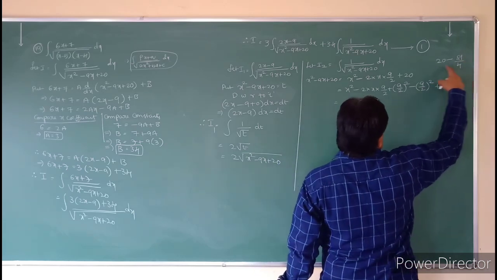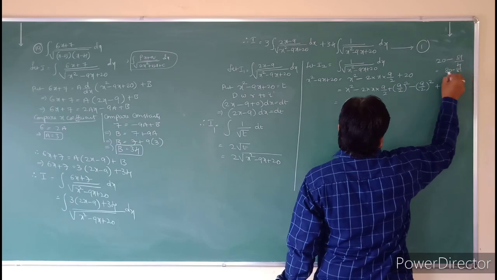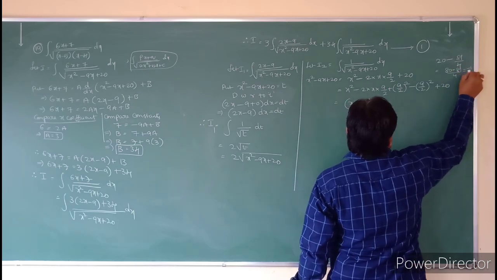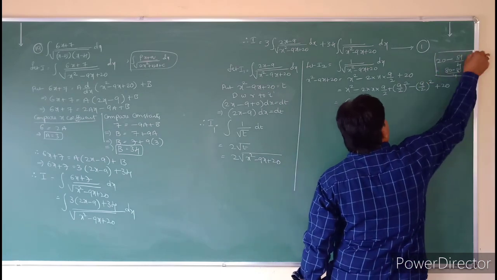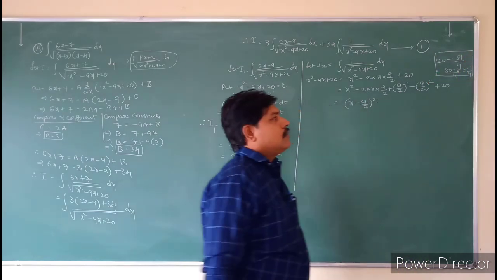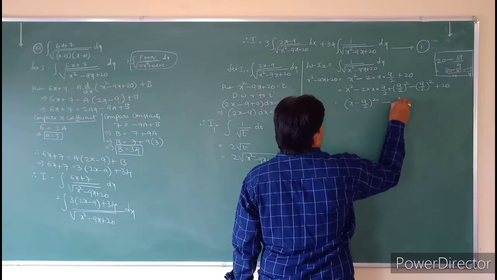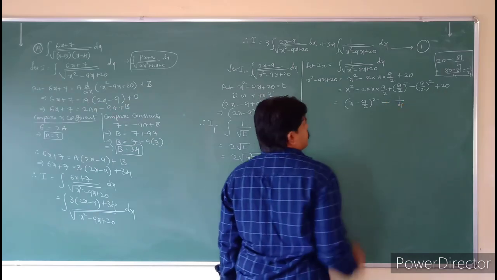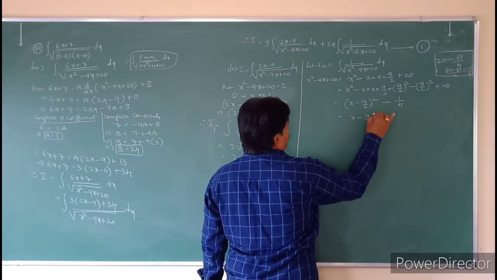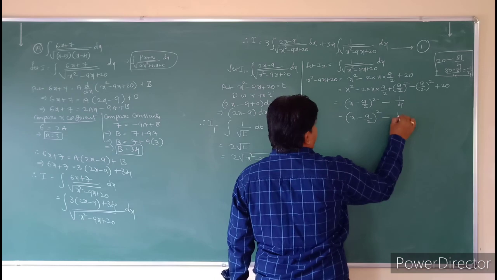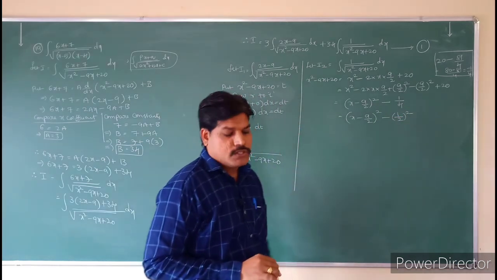If you take the LCM, 80 minus 81 by 4, that is nothing but minus 1 by 4. So this value you can take as minus 1 by 4. So that means you can take it as x minus 9 by 2 whole square minus 1 by 2 whole square.